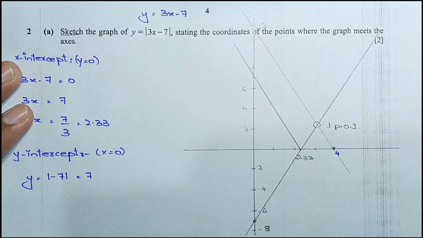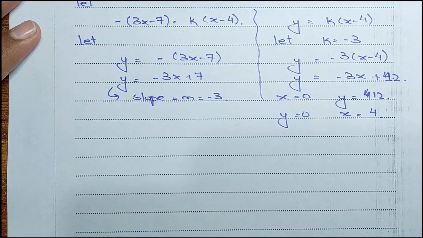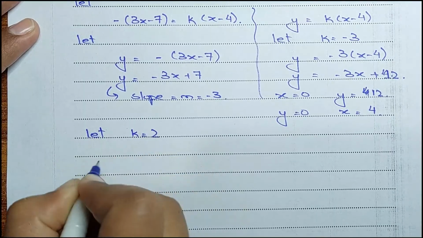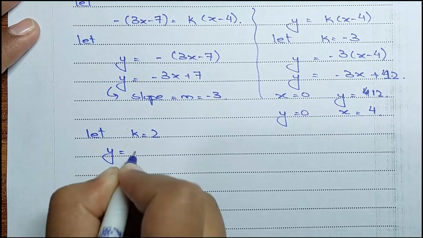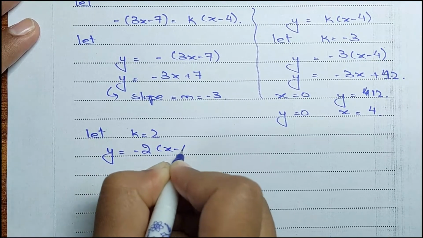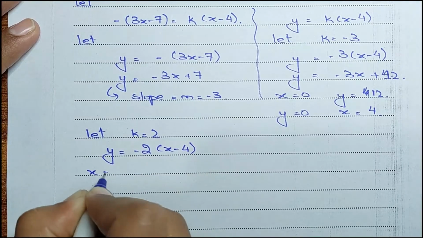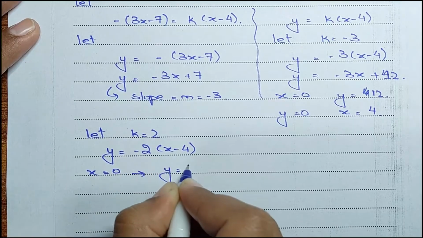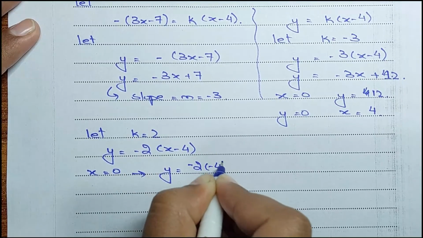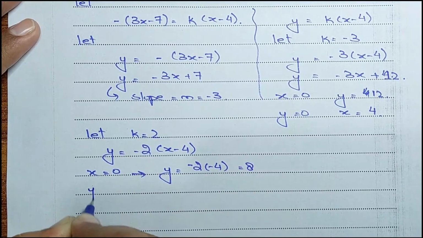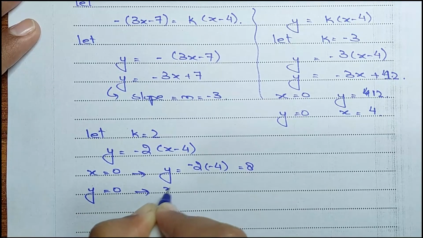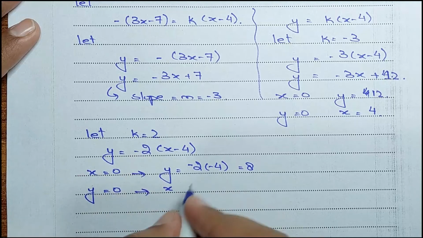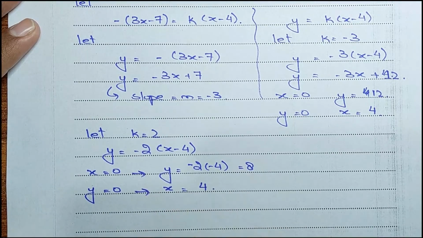Let me check the k value. Let k equal -2. So y equals -2 into x minus 4. When x is 0, y equals -2 into -4, which is 8. When y equals 0, x is 4.